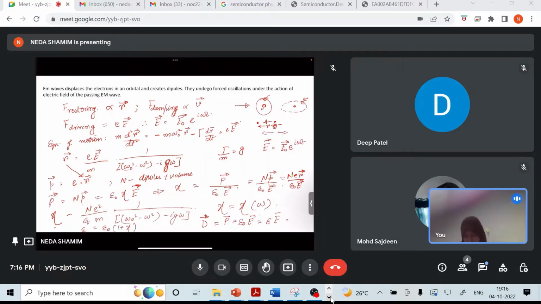If chi is a function of frequency, epsilon will also be a function of frequency. And if they are functions of frequency, they will be functions of wavelength as well.